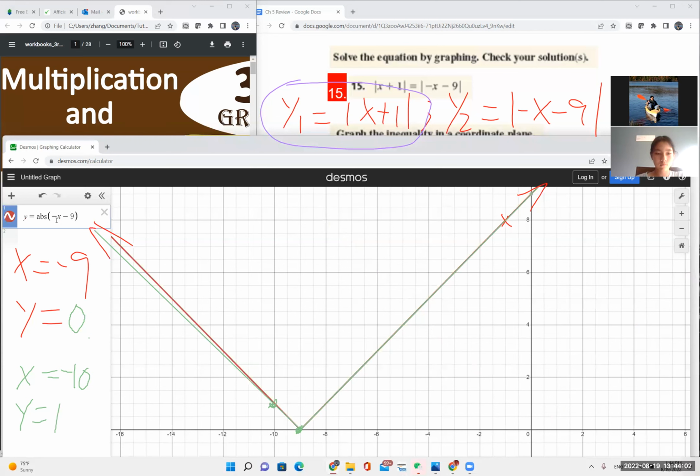All right. So you do a good job. Okay, then if we mark the 9 we drew just now, y equal to abs x plus 1. All right. Then you can get the solution.